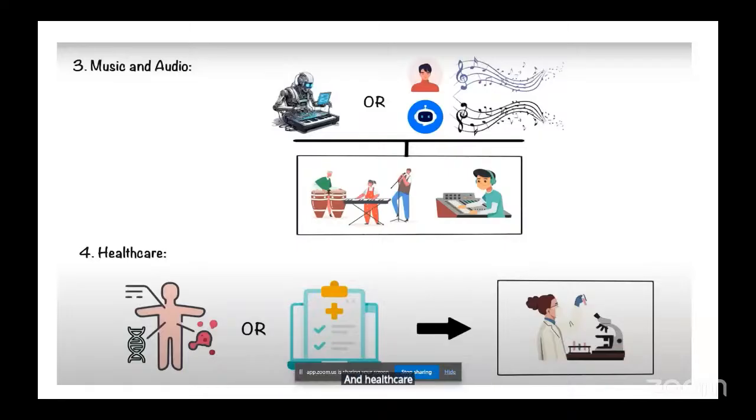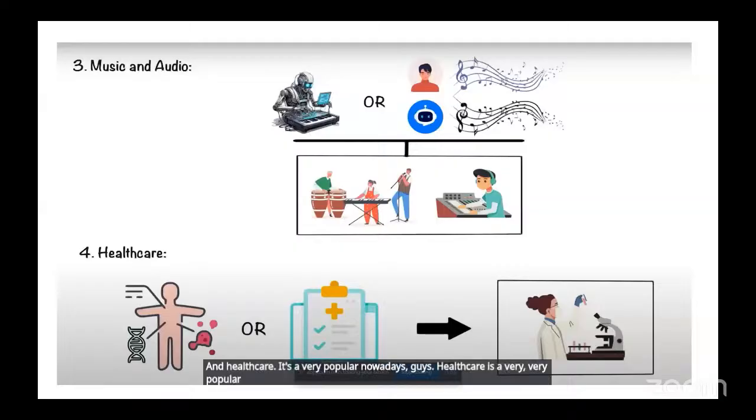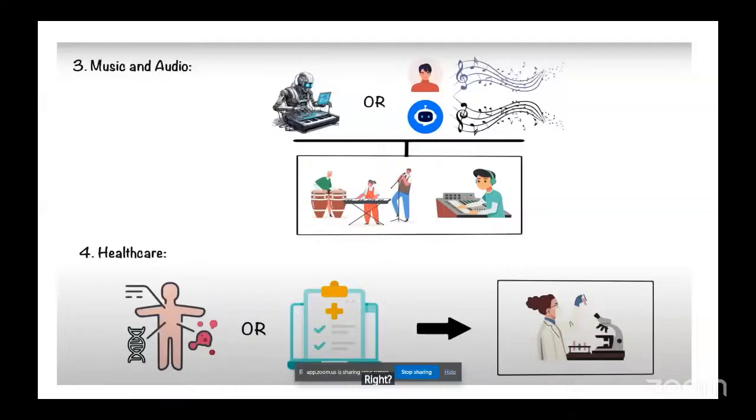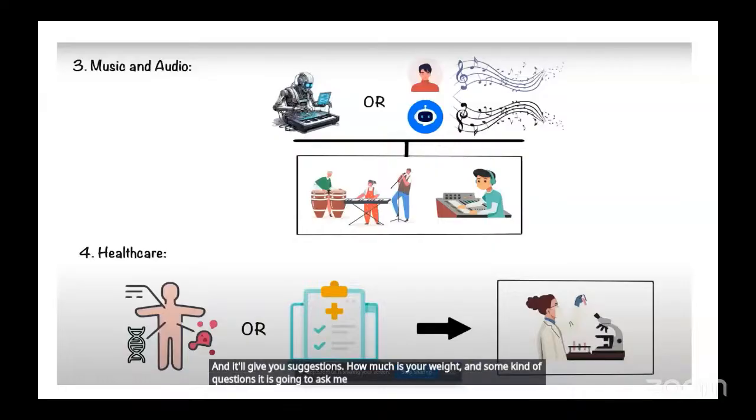Healthcare is very popular nowadays, guys, right? How is it useful? Sir, I'm getting a pain in my legs. I'll ask AI. I can prompt in a beautiful way. I can inject my prompt into an AI tool and it'll give suggestions. It asks, how much is your weight? And it asks some kinds of questions as a preliminary investigation, something like a preliminary examination.